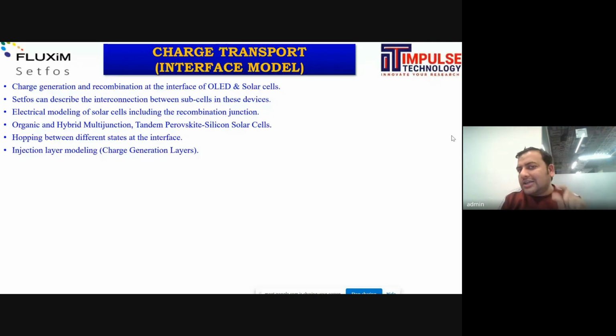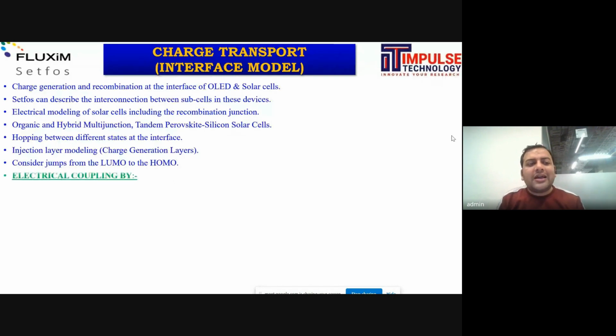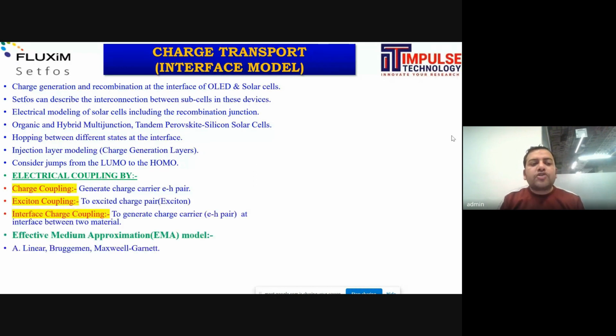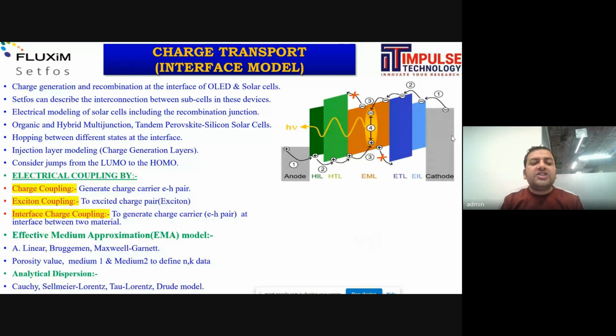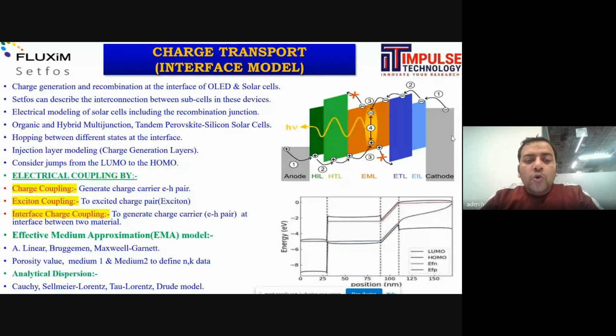So 2-terminal, 3-terminal, 4-terminal, all things will be possible, including electrical modeling of solar cells, recombination, organic, hybrid multi-junction, tandem perovskite, hopping between different states at the interface, injection layer modeling, charge generation, and HOMO-LUMO modeling. You can define the HOMO value, the LUMO value, and the electrical interface will be there.